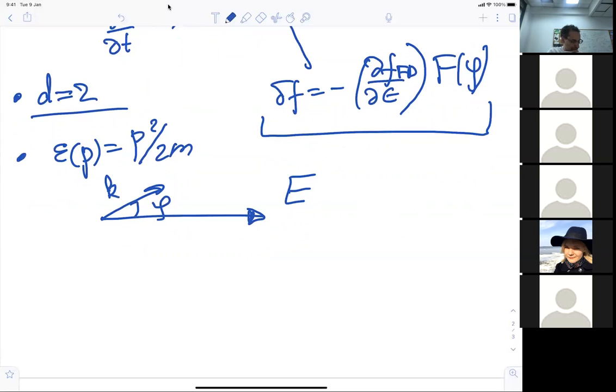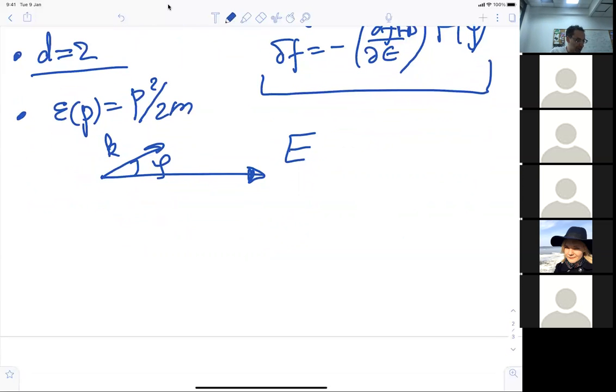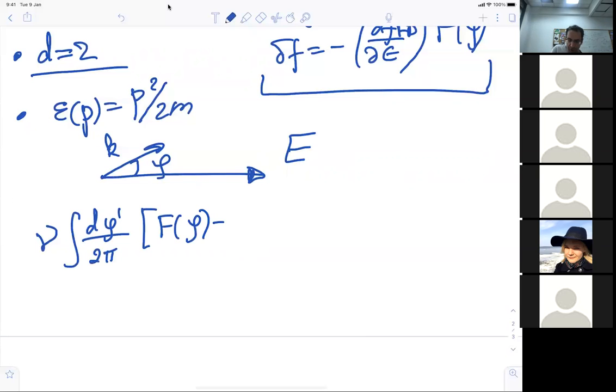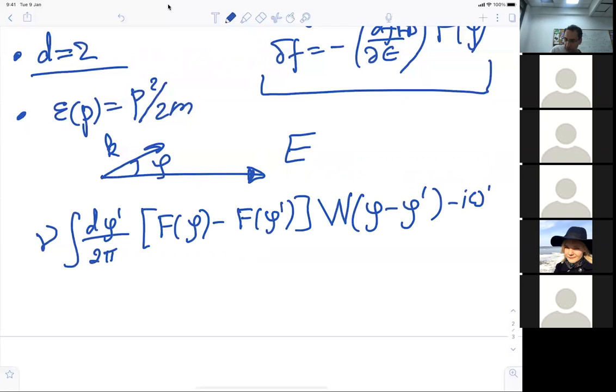Okay, let us plug this into the equation, and we get that the equation reads: density of states, integral over d phi prime over 2 pi, f of phi minus f of phi prime, w of phi minus phi prime, minus i omega f of phi, is equal to minus e times electric field times v_Fermi cosine phi.